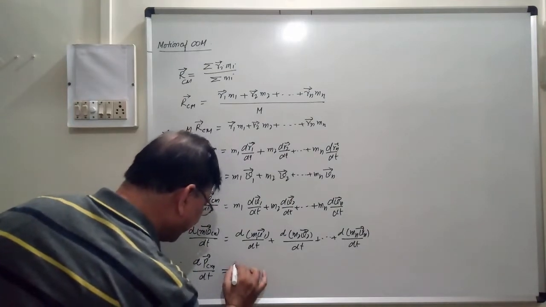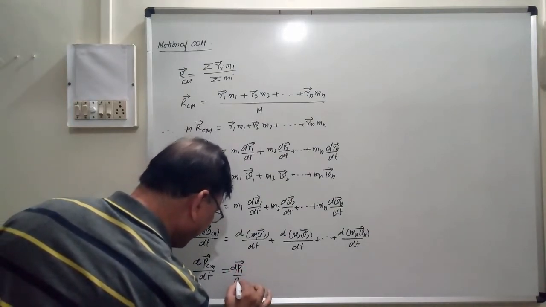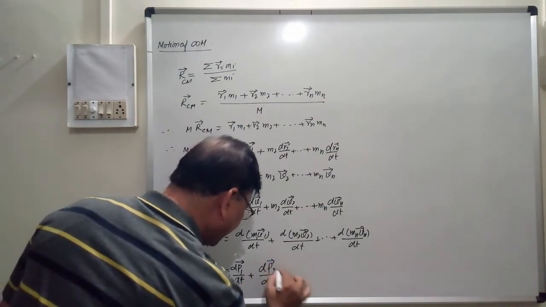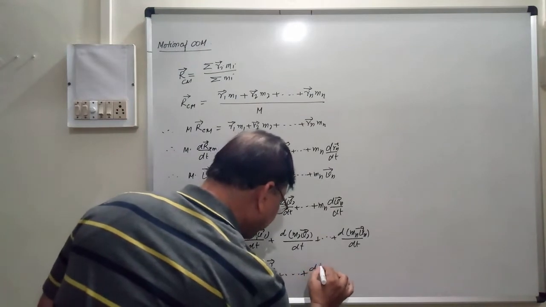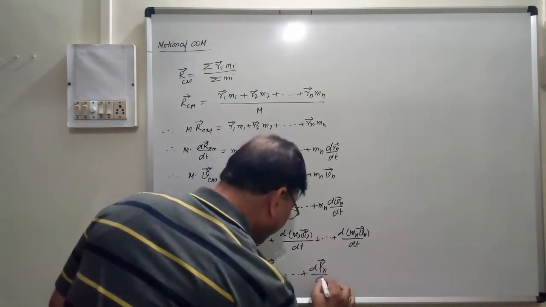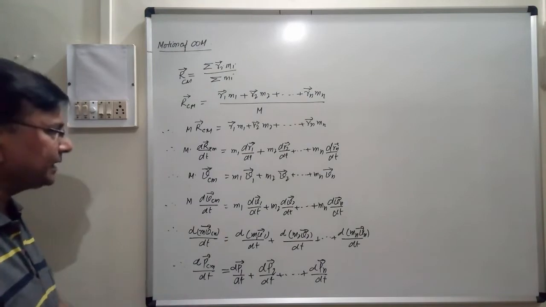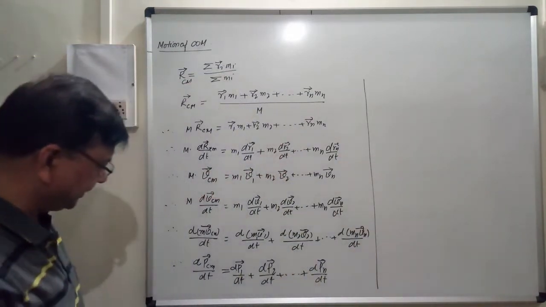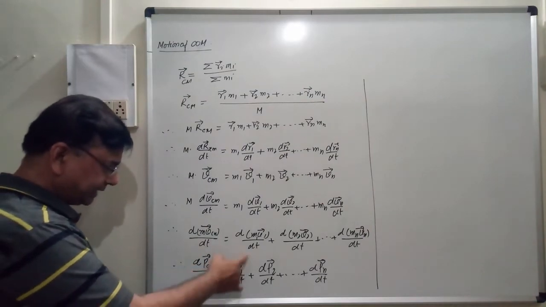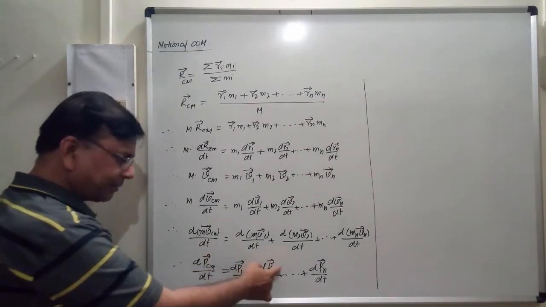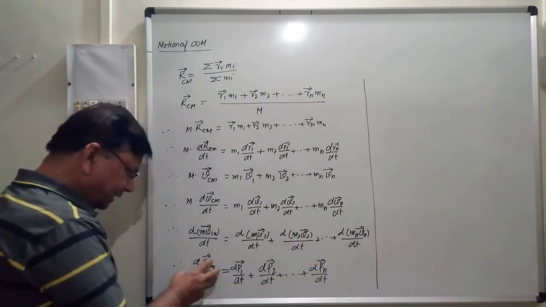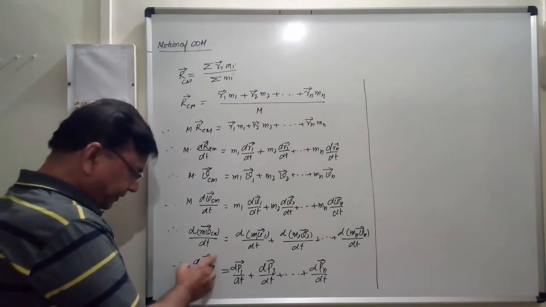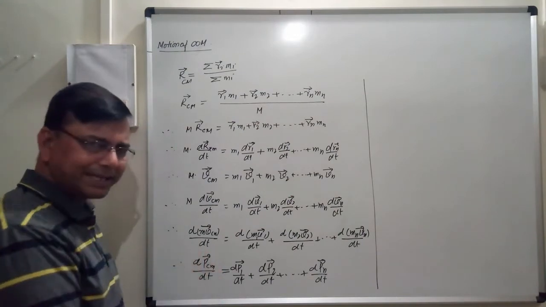So we will write dP1 upon dt plus dP2 upon dt plus like this dPn upon dt. Rate of change of momentum is what? This is the net force acting on the object. This is the net force acting on the first particle, second particle and nth particle, and this is the total rate of change of momentum of center of mass.